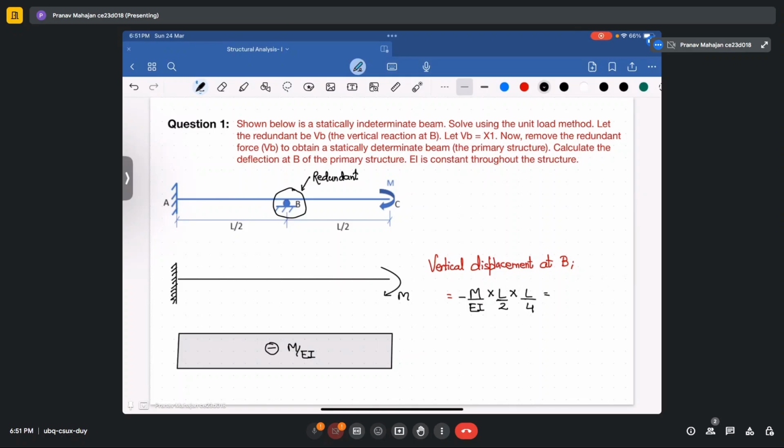Okay, so your moment will come out to be minus ML square upon 8 EI. So since this deflection is coming out to be negative, that means upward deflection is occurring. Okay.